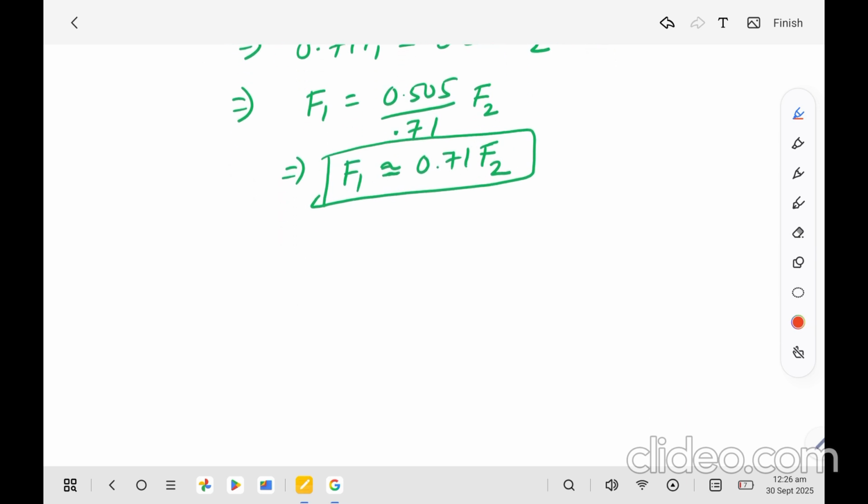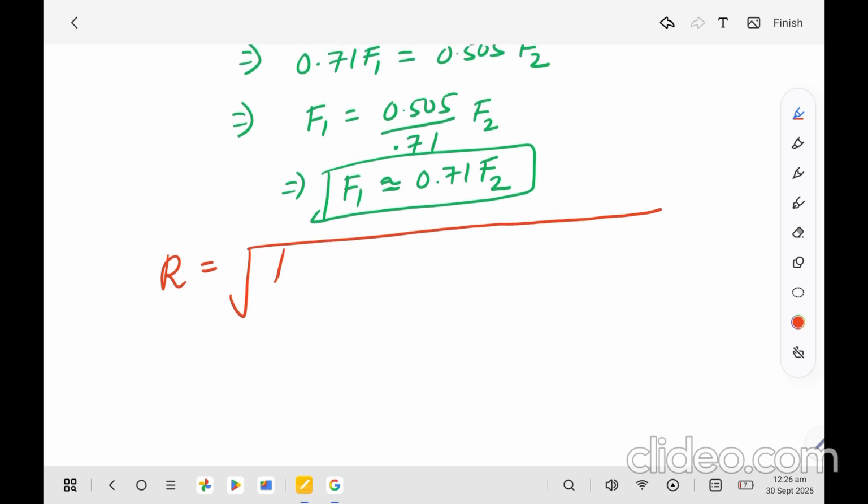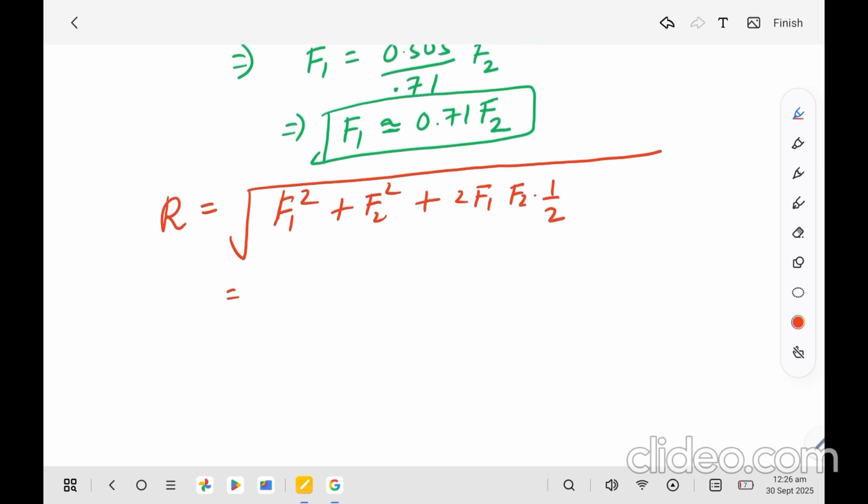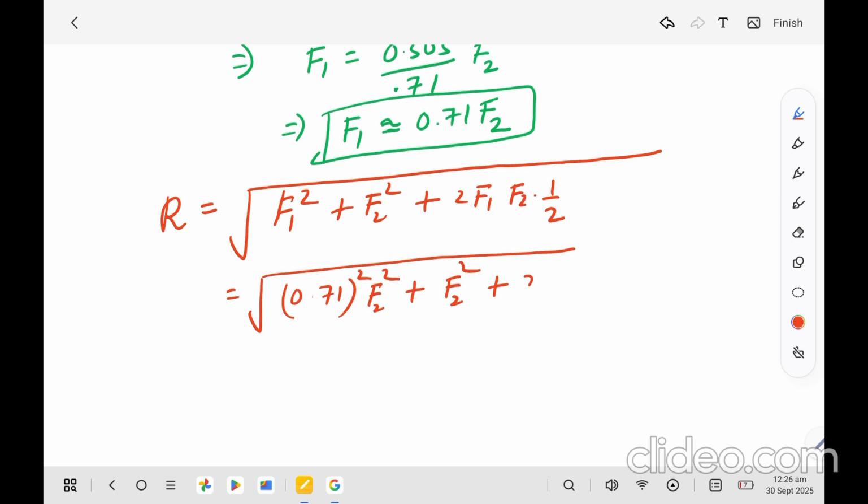Now I can use the expression, because now I know the relation between F1 and F2. So R is equal to root of F1 square plus F2 square plus 2 F1 F2 cos 60, that is 1 by 2. F1 is 0.71, so 0.71 square F2 square plus F2 square plus 0.71 F2 into F2.